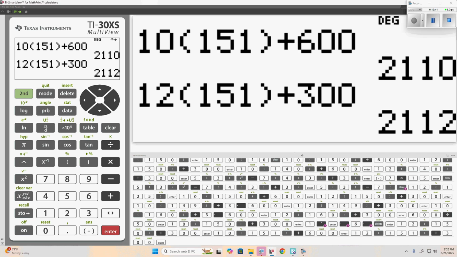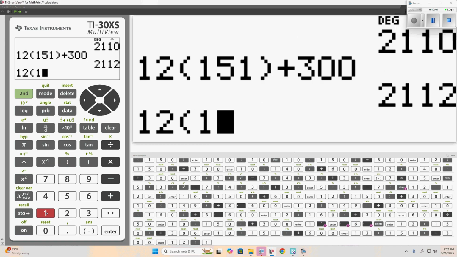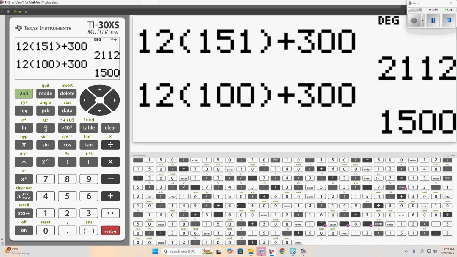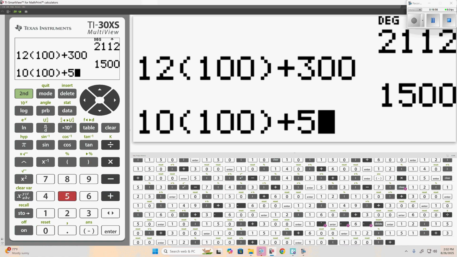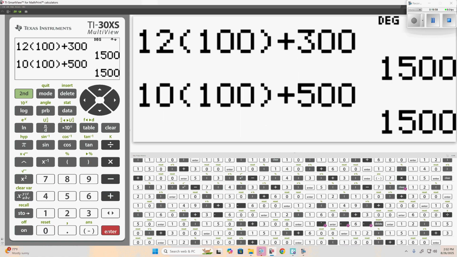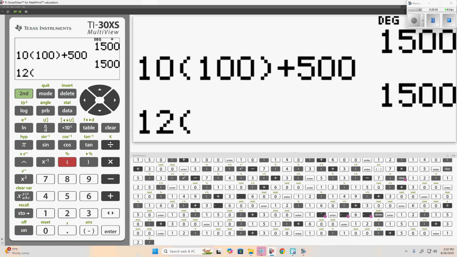So Lakeview, 12 times 100 plus 300 gave us 1,500. Maple, 10 times 100 plus 500 gives us 1,500. Okay, let's try it with 99 students.